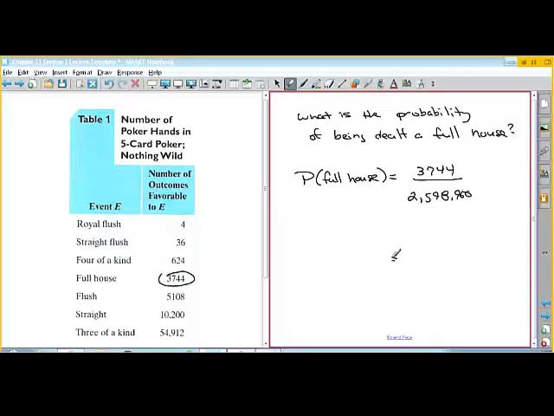So we could just leave it as that. I'm going to put it in a decimal form. So that comes out to be 0.00144, or 0.144%.